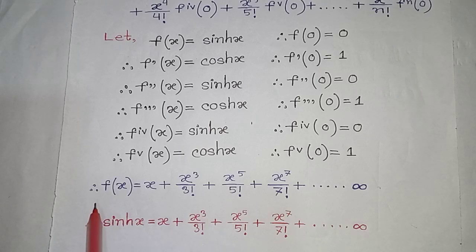Here f of x is equal to sine hyperbolic x. Then we can write sine hyperbolic x is equal to x plus x cube by 3 factorial plus x power 5 by 5 factorial plus x power 7 by 7 factorial plus dot dot dot infinity.